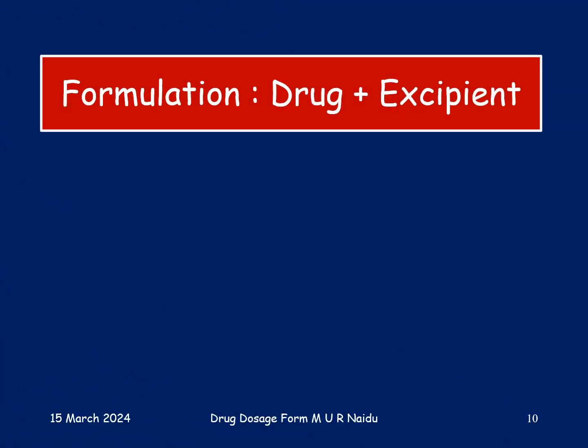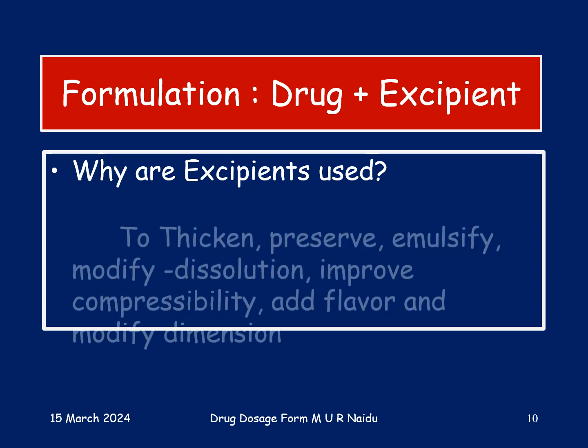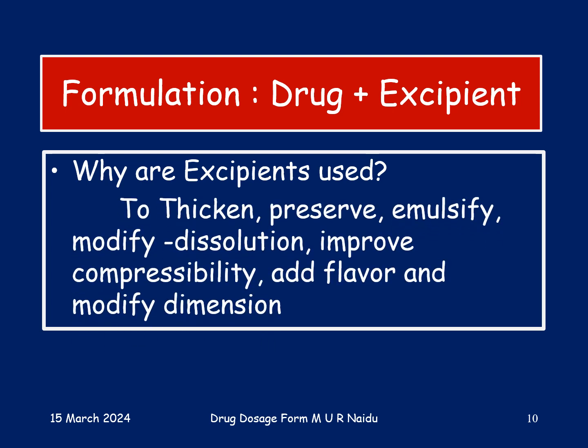Formulation includes drug plus excipient. Why are excipients used? To thicken, preserve, emulsify, modify the dissolution, improve the compressibility, add flavor, and modify the dimension. These are the reasons why we use excipients with every drug.